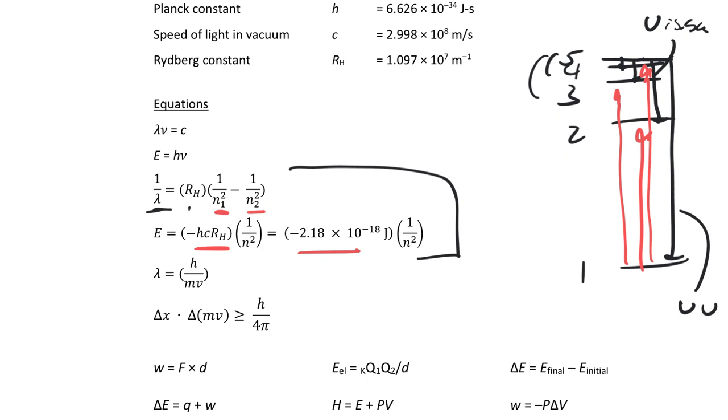And so you could plug in, if you want to calculate the difference between n equals 5 and 2, so let's say you were trying to calculate the emission for n equals 5 to n equals 2, then you could plug in your final state n value, you could plug in your initial state n value, take the difference there, get that delta E. That's the energy that the H atom's losing, that's the energy that goes into a photon, and then we could calculate with an equation like this one here.